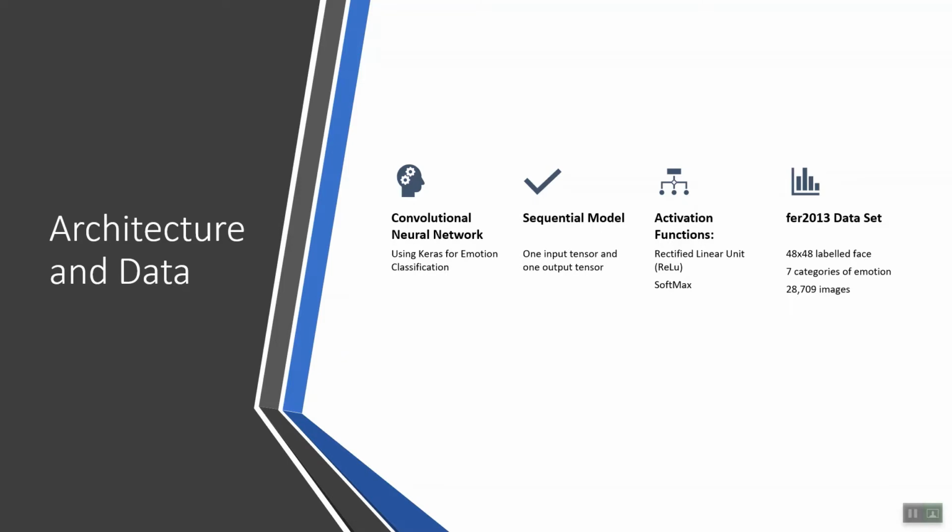The model that we're making here with the CNN is a sequential model, which is essentially stacks of layers where each layer has exactly one input tensor, a tensor being a multi-dimensional array, which was mentioned earlier when we were talking about NumPy, so NumPy is helping us with that. So one input tensor and one output tensor, so it's a one-to-one relationship. Then each layer feeds in a one-to-one ratio to the following layer in the model.